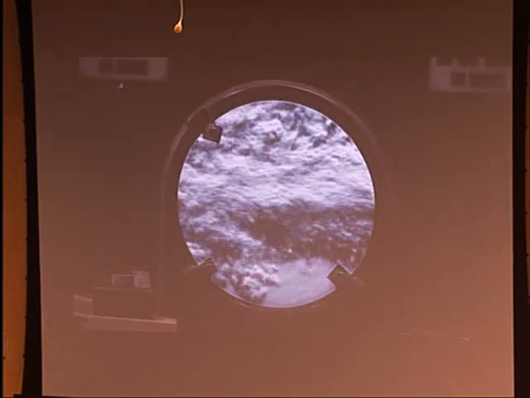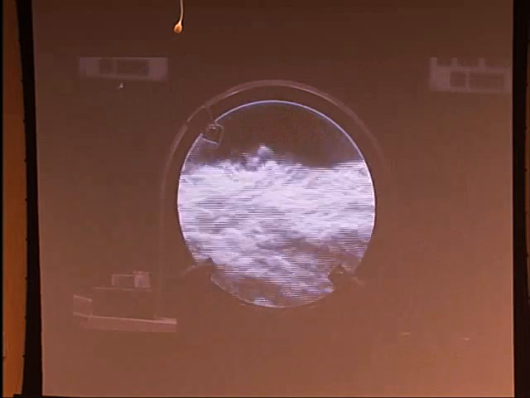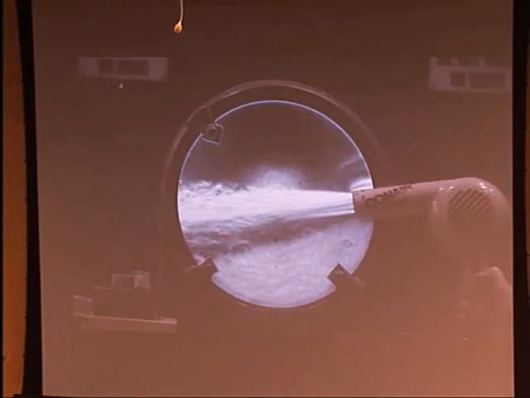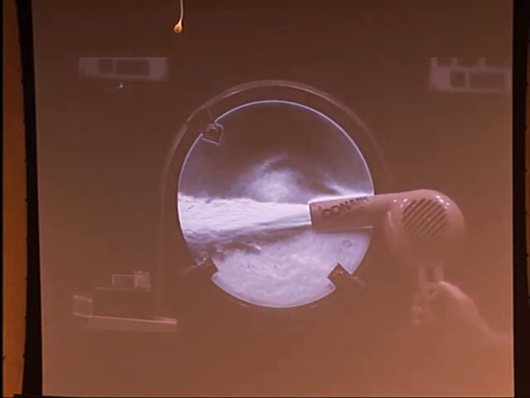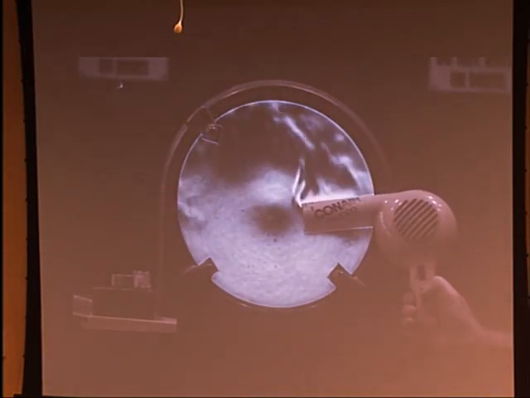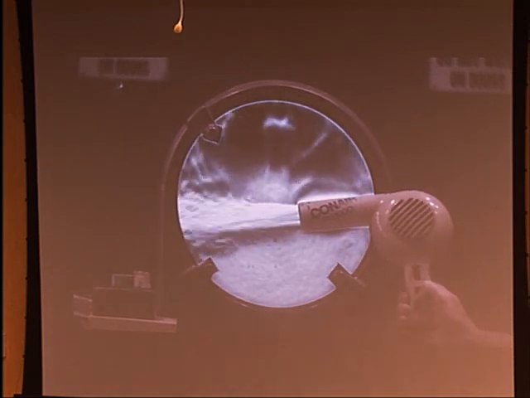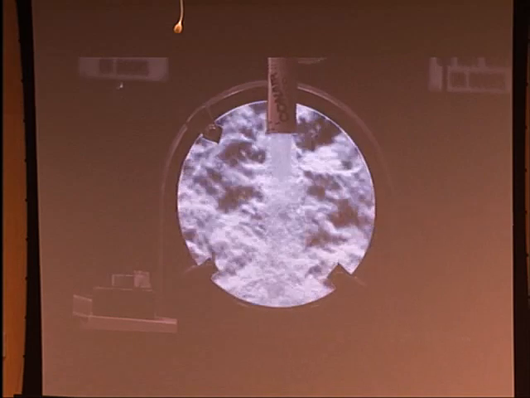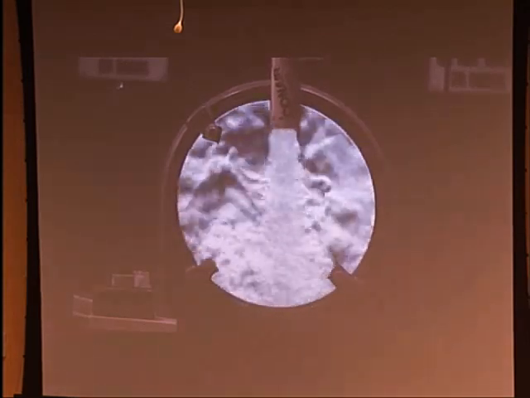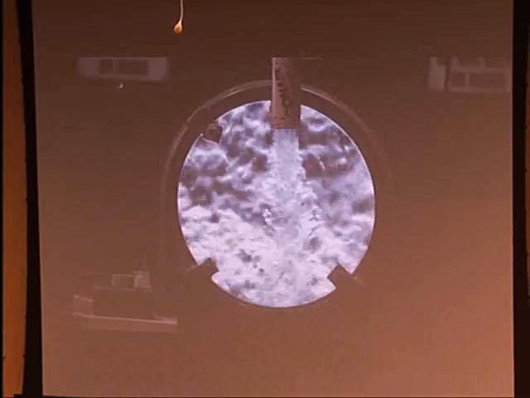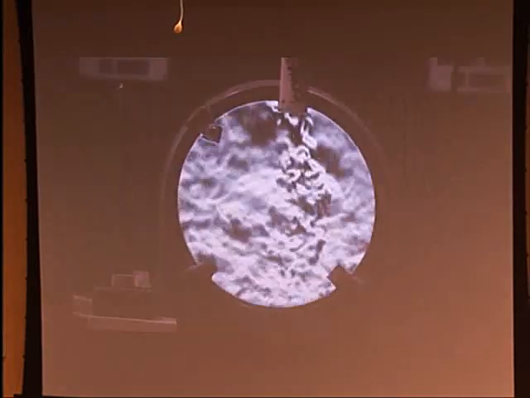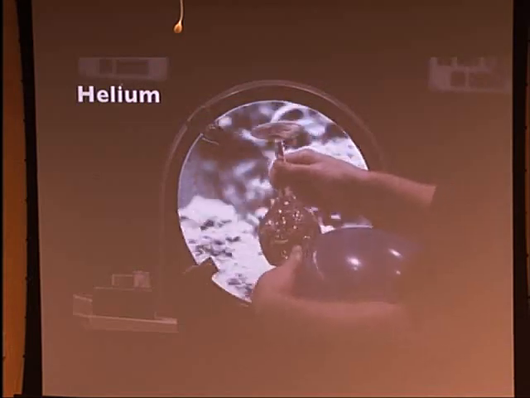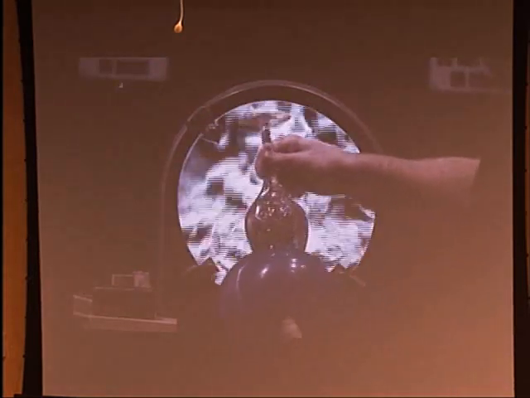There's a hairdryer. This is helium being put into a glass.